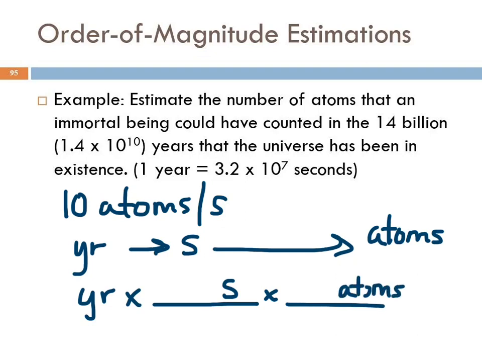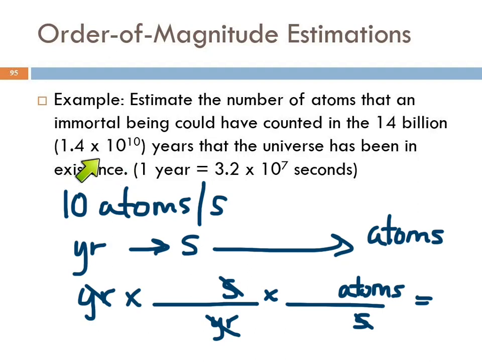Now, some of you can just look at this problem and know what you need to multiply or divide, and others can't. That's fine. So we're going to put the units in here so they cancel out. But instead of using our calculators, we're going to do an order of magnitude estimation.